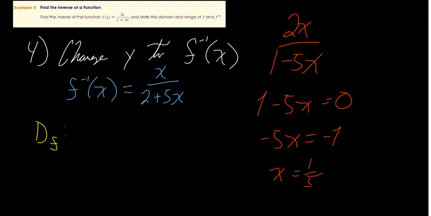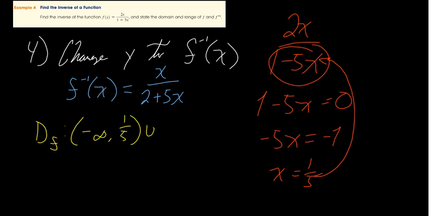When x is 1/5, it makes this denominator 0, so that is the number I cannot have in my domain. So that's going to be from negative infinity to 1/5 unioned with 1/5 to infinity.